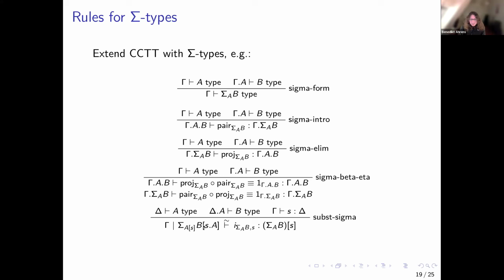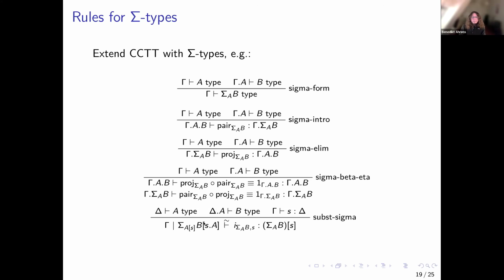So this is a usual condition. We use a macro here. It's this turnstile with the tilde. That is a macro for several judgments where we postulate type morphisms in both directions, and we postulate that their respective compositions are the identity in either direction.